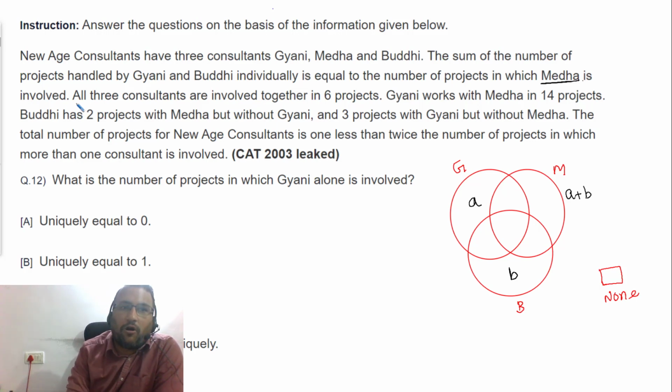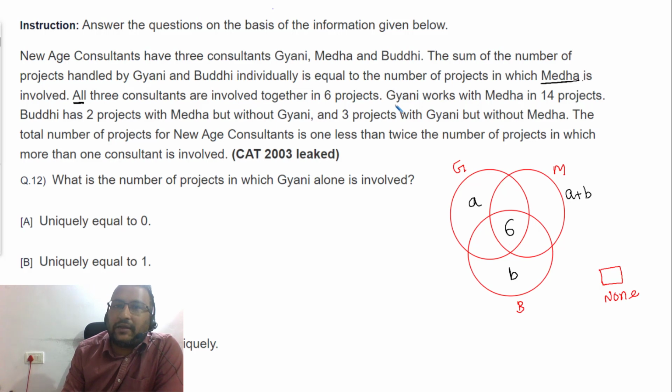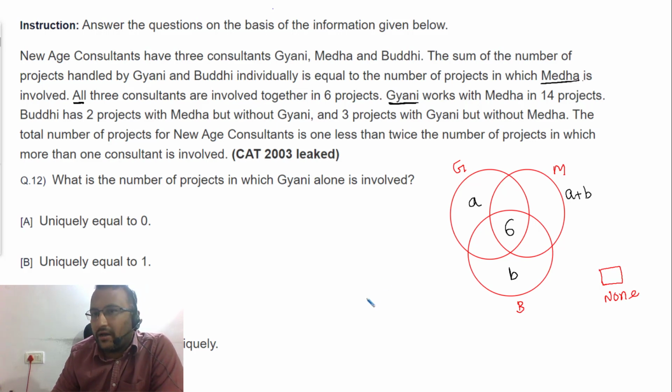After this, all three consultants were involved together in 6 projects. It means the value of this portion is 6. Then Gyani works with Medha in 14 projects. The common region of Gyani and Medha is 14. It means 14 minus 6 is 8. This part is 8.